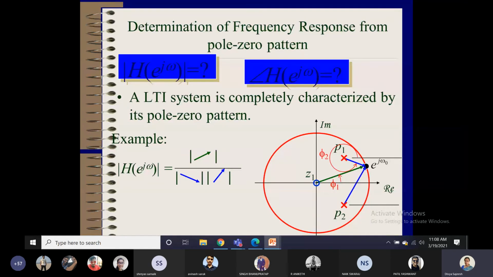The phase is equal to the sum of angles of the zeros minus the sum of angles of the poles.